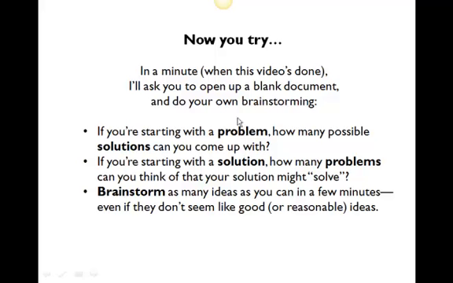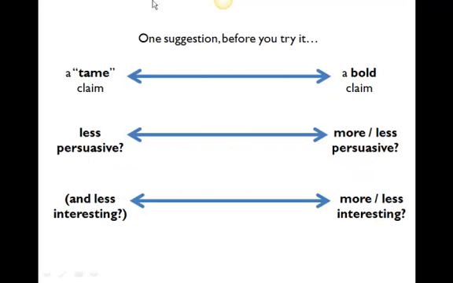You can say there isn't enough funding for the arts, or you can say I have a solution in mind. But either way, you can brainstorm much more than what first comes to mind. Why? What's good about more funding for the arts? What problems might that solve? And I said brainstorm as many ideas as you can in a few minutes, even if they don't seem like good or reasonable ideas.